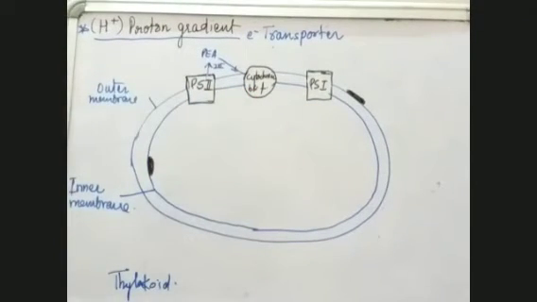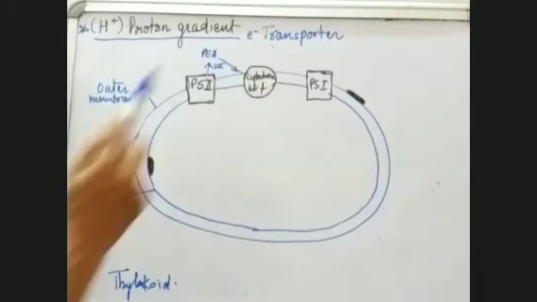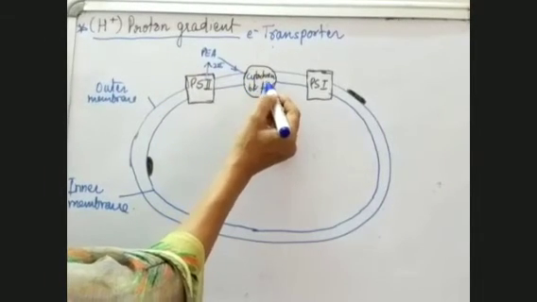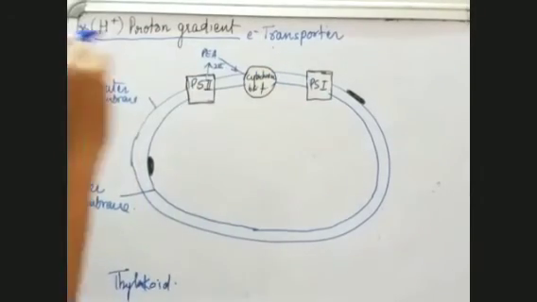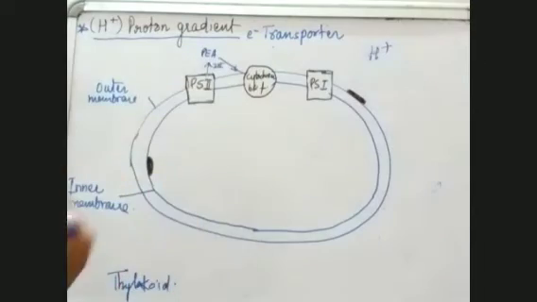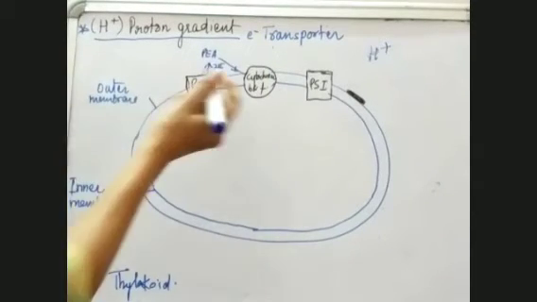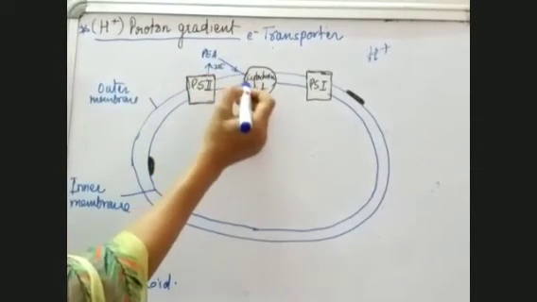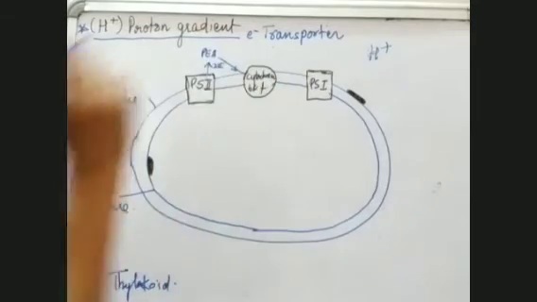Now how will it transport? It doesn't transport the electron through an electron acceptor. Rather, that electron which has to be transported from here to PS1 is transported by a proton. A proton is used to transport the excited electron from cytochrome to PS1.